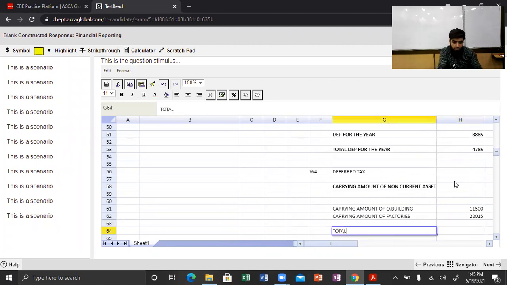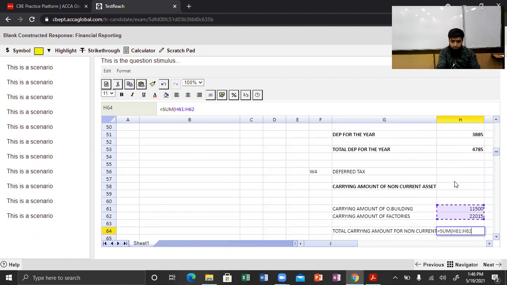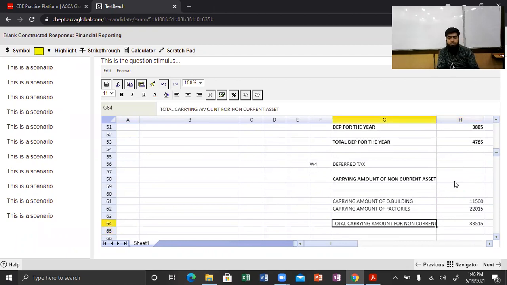It means the total carrying amount for non-current assets, summing up these two, is 33,515. That is the total carrying amount of non-current assets. Now let's see the tax base.